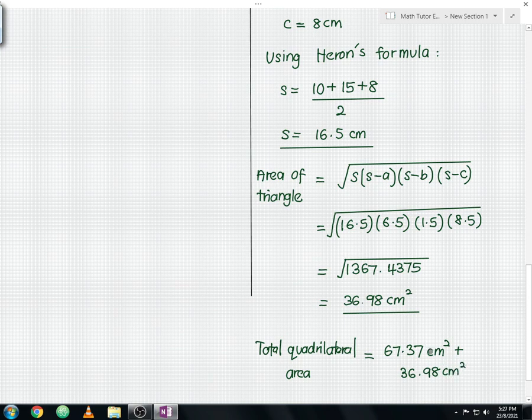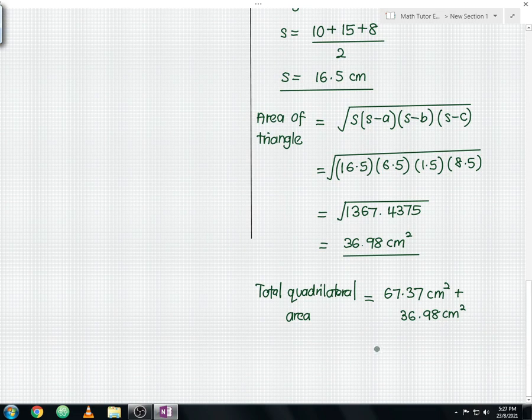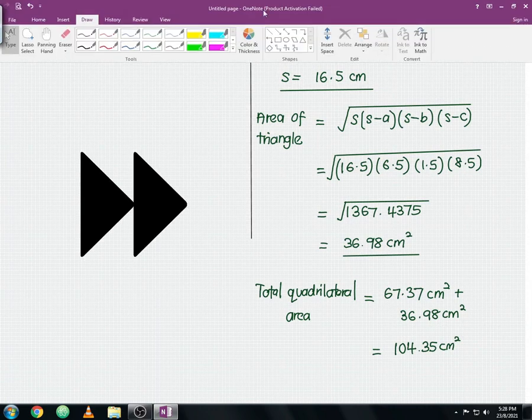You add these two areas together, so you should get your answer for question A part 3, which is 104.35 centimeter square. So this is your final answer for question A part 3. Let me underline the solution.